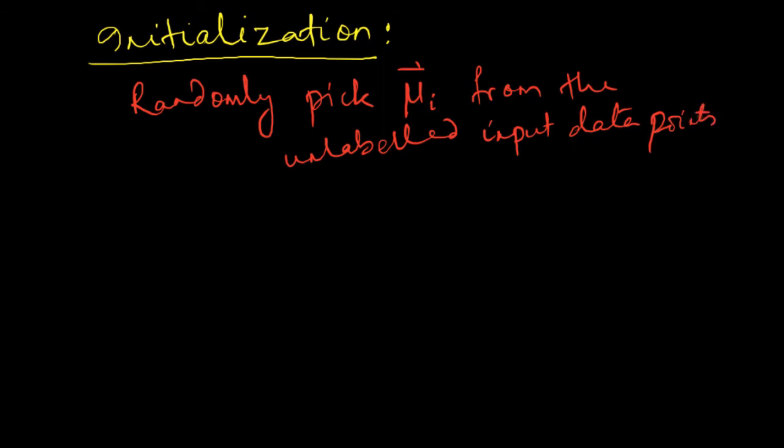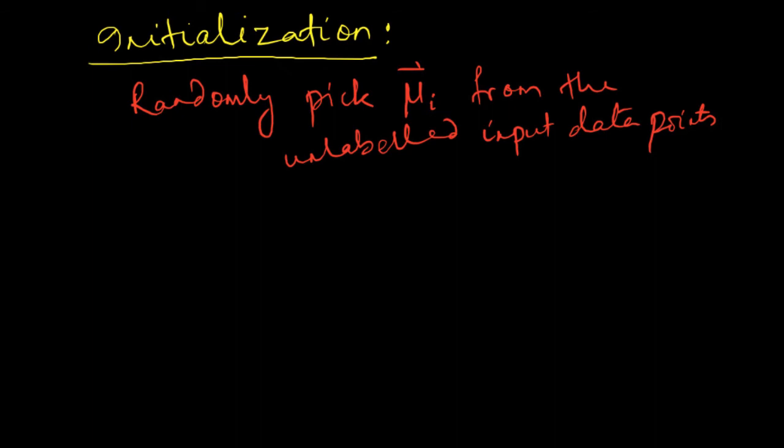You have capital N number of data points. Out of those, you randomly pick capital K number of points and assign them to be mu I. Now the nice thing is that it doesn't matter which initial points you pick, your convergence is definitely guaranteed.